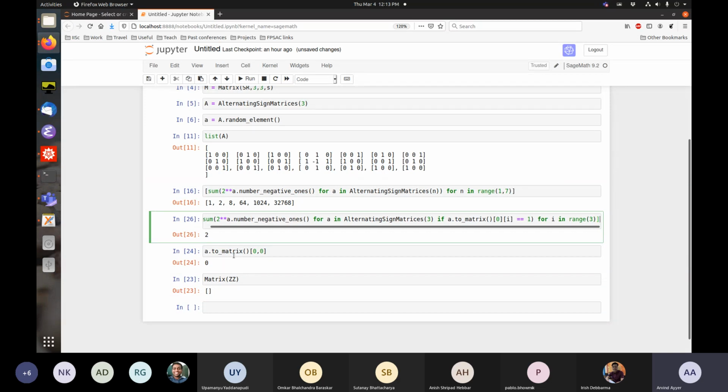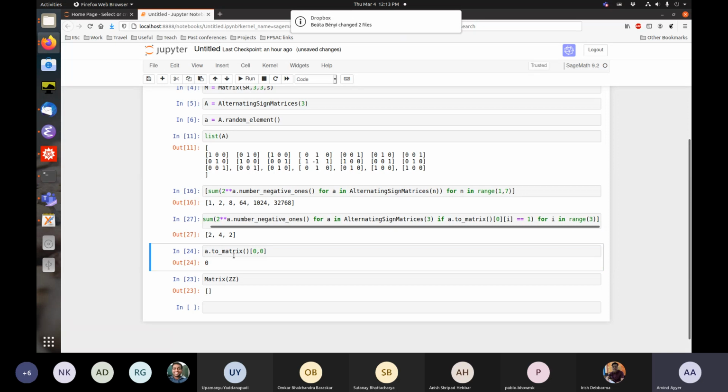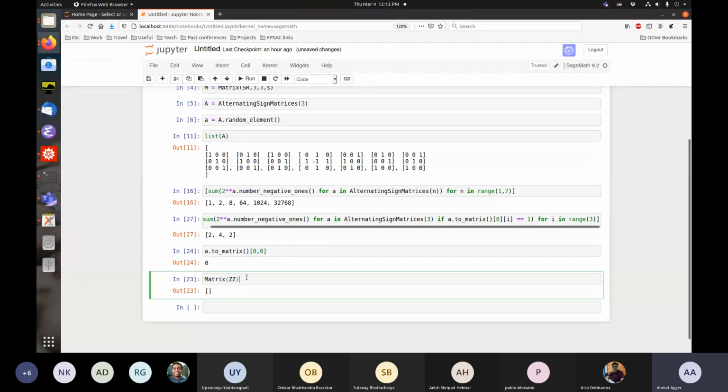By default, this will do the right thing, so maybe I should show that. Range of 3, if I take the list of that, I'll get exactly 0 1 2.